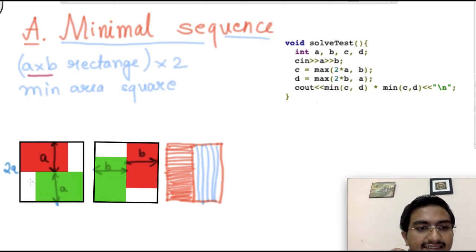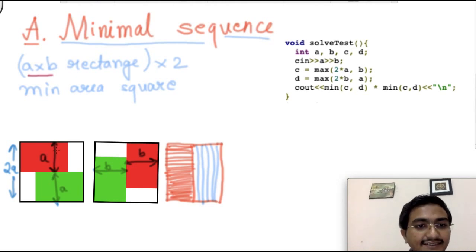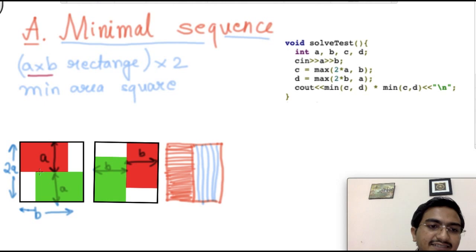Suppose I am considering the length of the side to be 2A, then the two rectangles are just adjacent to each other like this. What is the other side's length? At minimum it can be B.